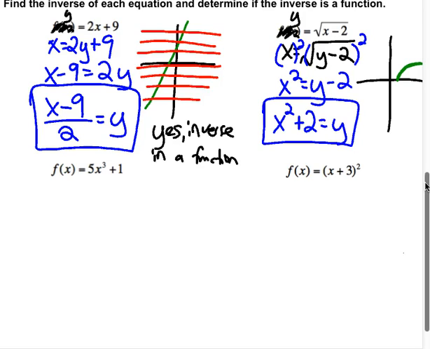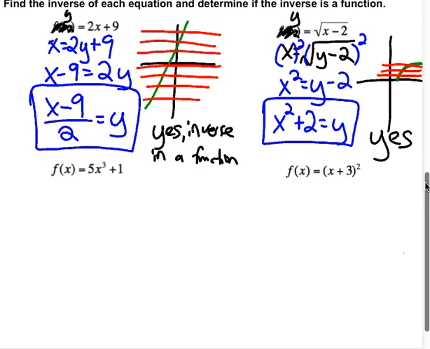Now think of applying the horizontal line test to this. If I put a horizontal line through it, that means no matter what, it'll only ever touch once. So that means when I flip it, that inverse will pass the vertical line test, meaning yes, the inverse, once again, is a function.